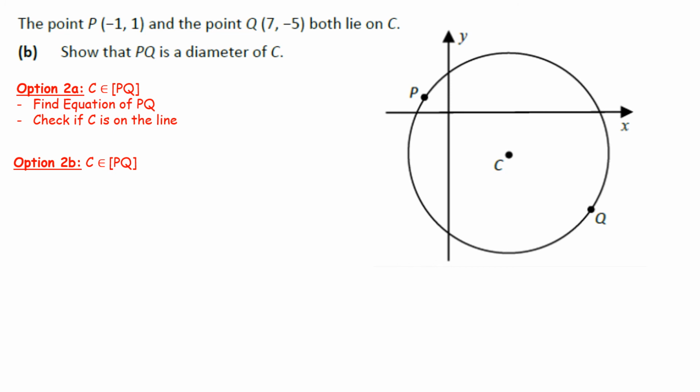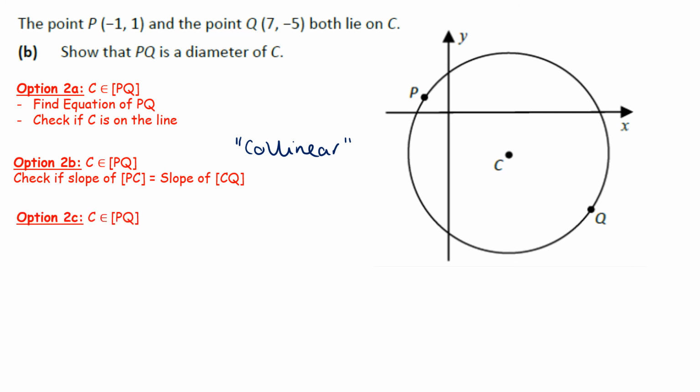The second option, again still checking that the center point C is on the line PQ, is to check to see if the slope of PC is equal to the slope of CQ. If they are the same slope, then that must be a continuous straight line, i.e. P, C, and Q are what we call collinear. So they exist on the same line.